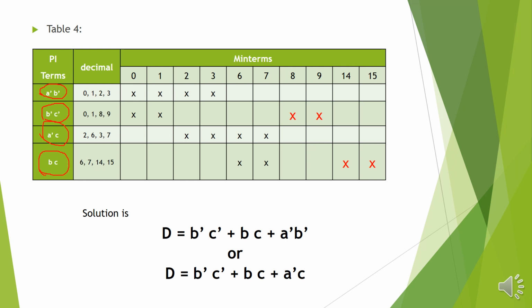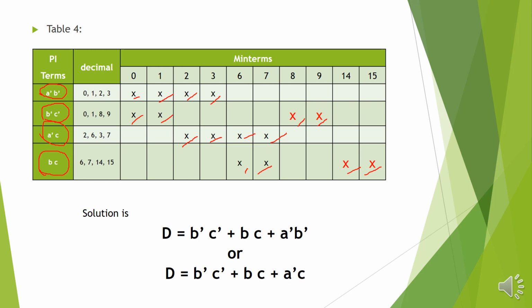Look at the previous table and take the binary equivalent expression for it. So the first group 0, 1, 2, 3 covers 0, 1, 2, 3. Similarly 0, 1, 8, 9 for the second group, 2, 3, 6, 7 for the third group, and for the fourth group it is 6, 7, 14, 15.